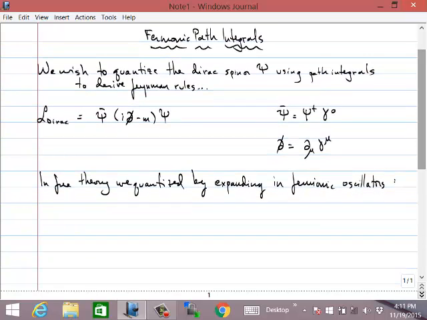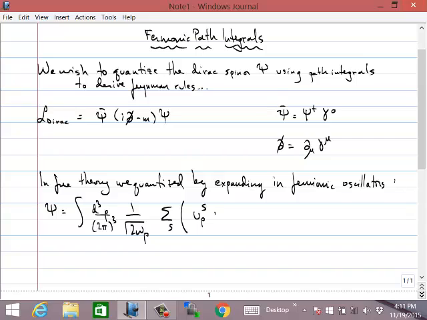So among other things, one of the things that I argued to you, and something that I believe you confirmed on one of the problem sets, is that if one uses the wrong sort of statistics, so for example, if you try and quantize a fermion or a spinor using bosonic statistics instead of fermionic statistics, then you run into all sorts of troubles.